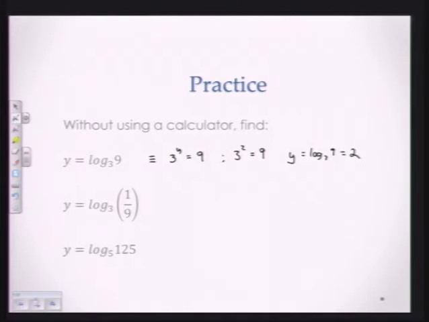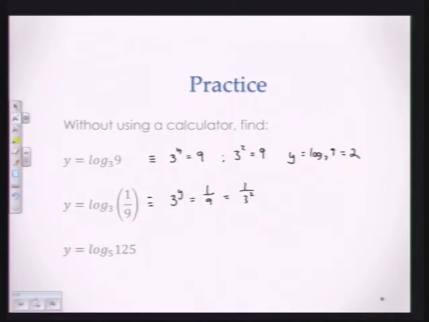What about the log base 3 of 1/9? Well, that means as an exponential view, 3 to the y equals 1 over 9. But we just found out that 9 is 3 squared, so that means it equals 1 over 3 squared.